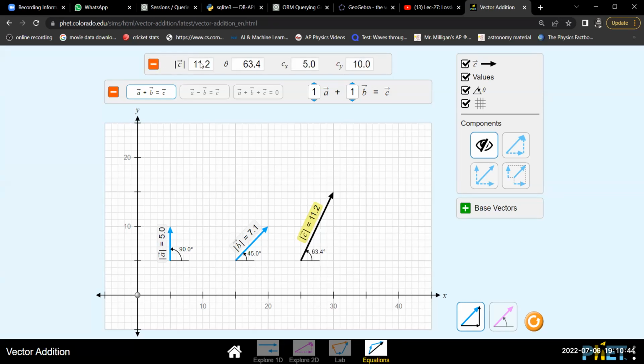I should be able to check this at theta. I think it's not working and they haven't given the modification option.